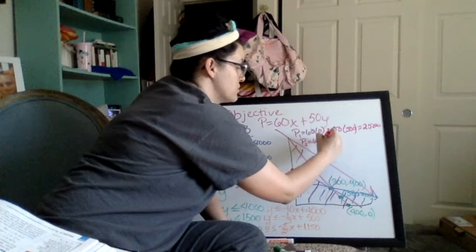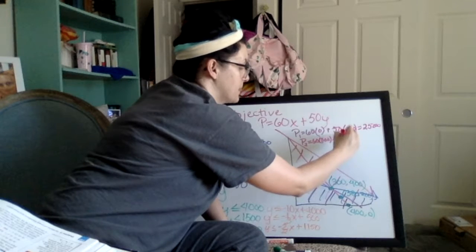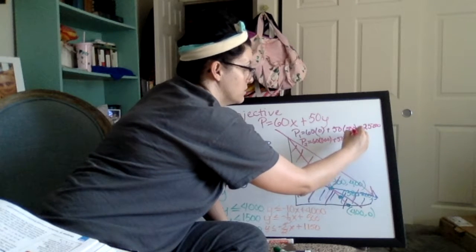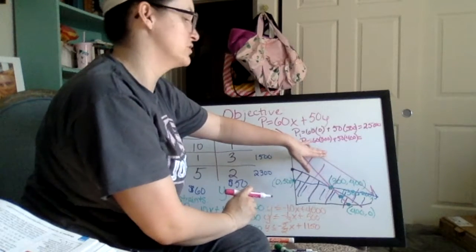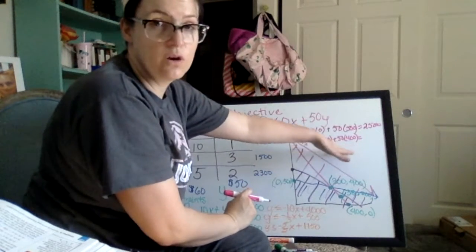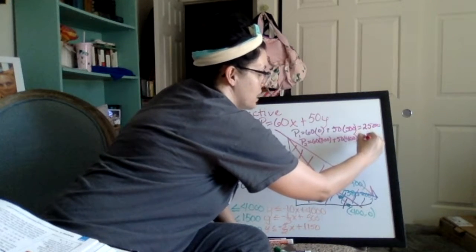So 60 times 300 plus 50 times 400. So 60 times 300 is 18,000. 50 times 400 is 20,000. So if we add them together, that's 38,000.